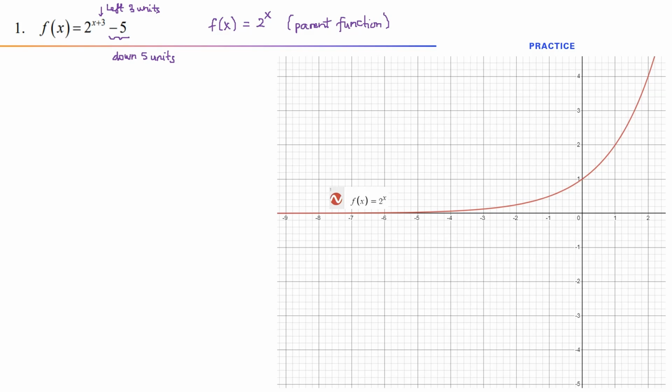So now we find the points. Here is a point. Here's another point. Here's another point. Those are the 3 points we have. And we have the horizontal asymptote. The horizontal asymptote for the parent function is at y equals 0.